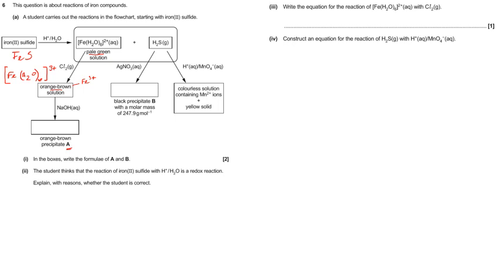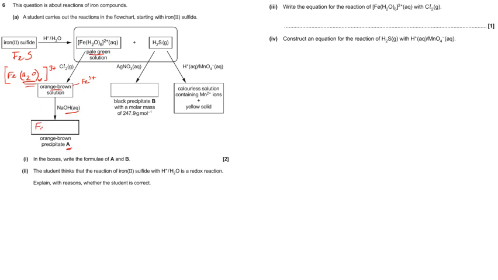Okay, so that's what we've got there in that orange-brown solution box, and then we add some sodium hydroxide to it. Hydroxide ions, of course, are going to act as a base, and they're going to rip protons off these 6 water molecules, sorry, at least 3 of the water molecules, to precipitate out iron 3 hydroxide.